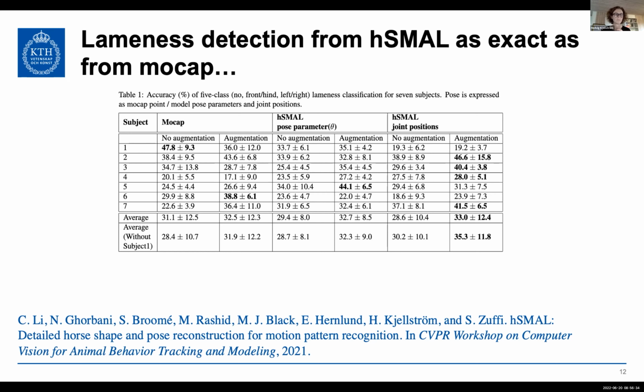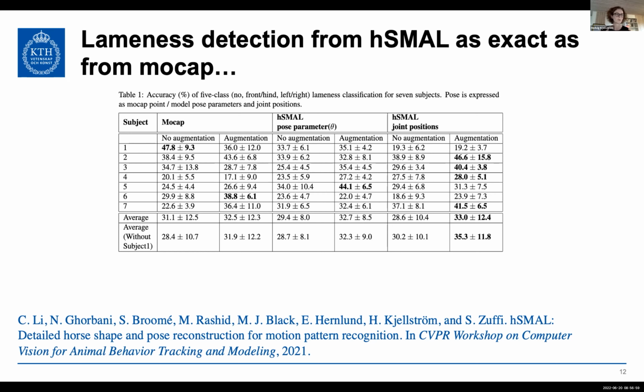And so there are labeled sequences. There are sequences in this data labeled with the kind of lameness that the horse has while it's running. So it's collected in an ethically controlled manner, more described in the paper.